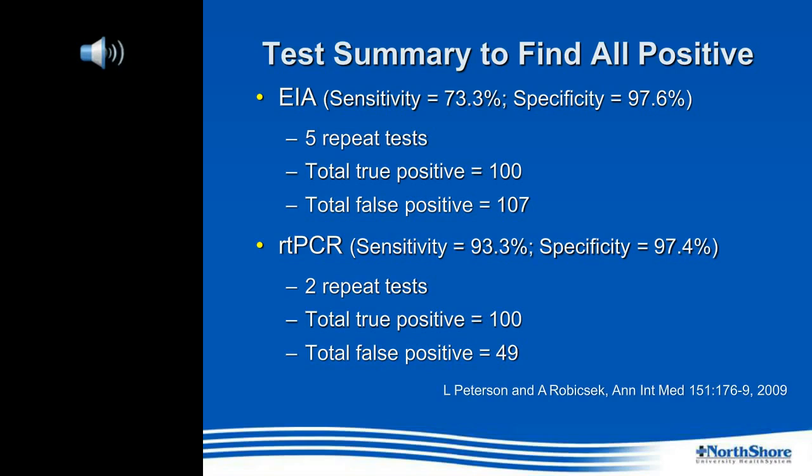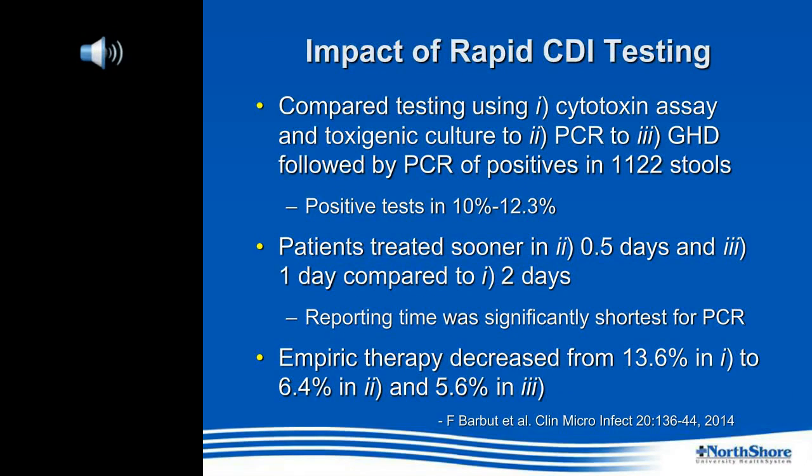EIA, therefore, you can't really use and just do repeat testing to try to find all the positives, because you'll end up with a lot of false positives. The real-time PCR does better, but even with taking 2 repeats to find all the true positives, you still end up with a significant number of false positives.